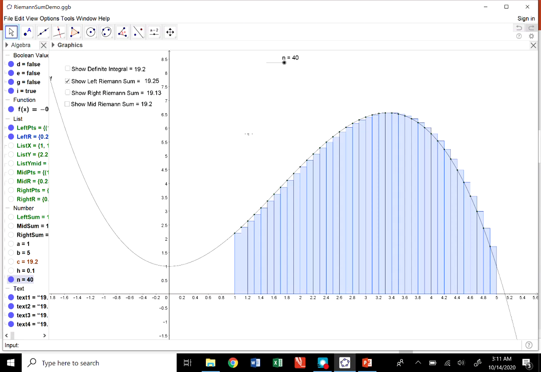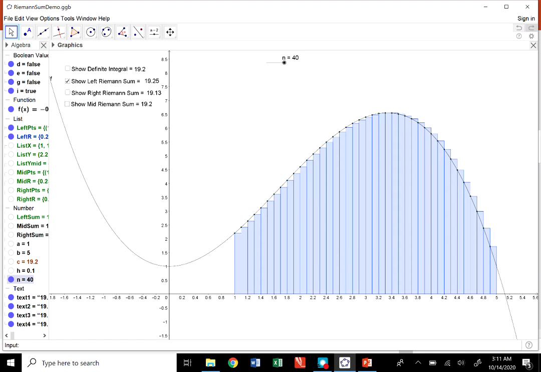Would you agree? In fact, I do have the exact values. The actual area is 19.2, but all these rectangles added up turn out to be 19.25. That ain't so bad. Would you agree?